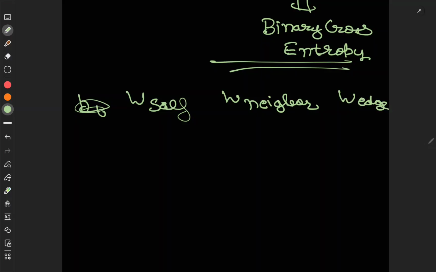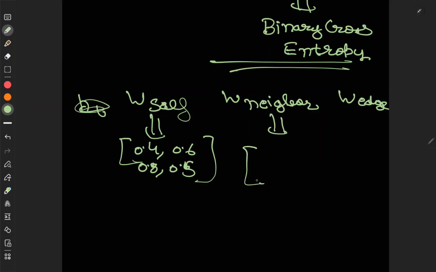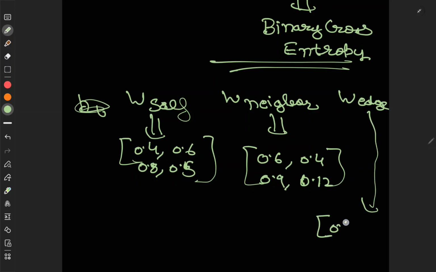Weight of self is something like 0.4, 0.6, 0.8, 0.5. I'm just taking an example. These are not real numbers. So this is 0.6, 0.4, 0.9, 0.12. And weight of edge could be something like 0.1, 0.5.